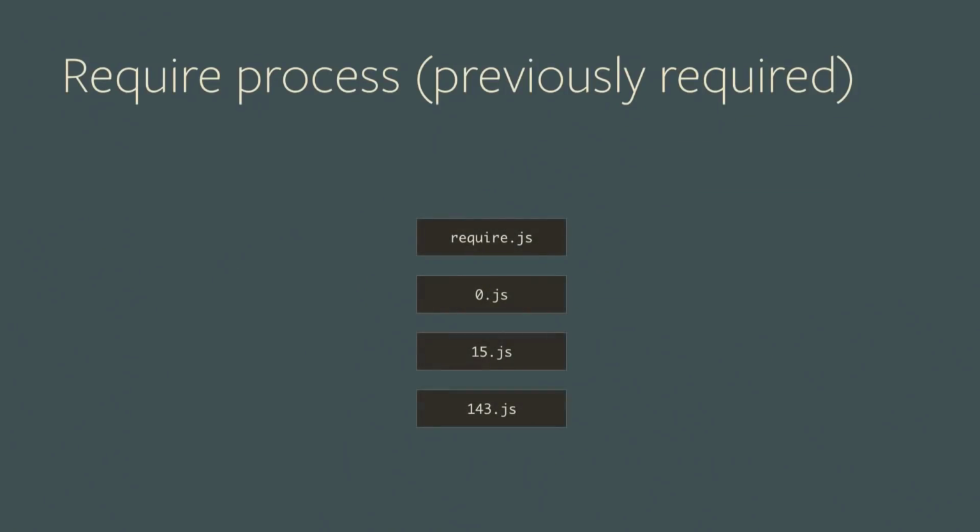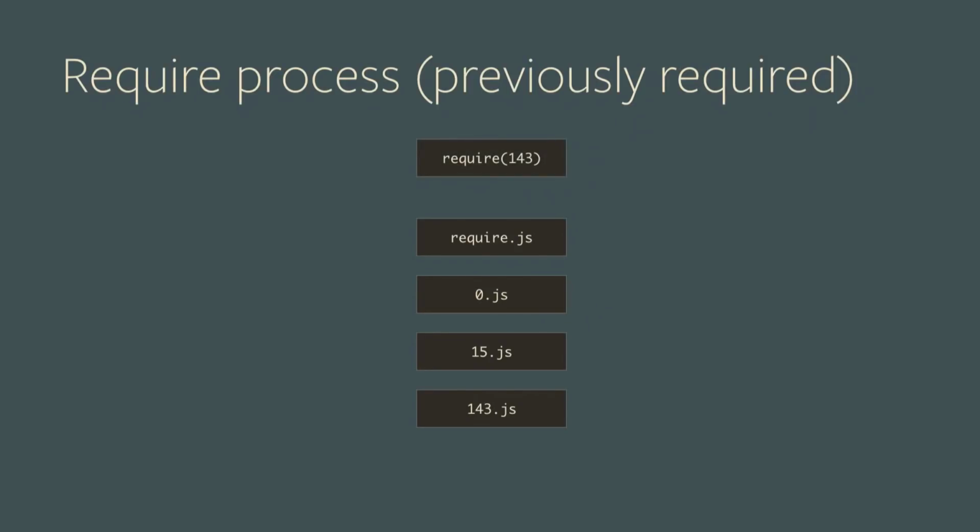This is very specific to React Native as well, and it's a little bit tricky, so I'm going to explain to you first how we require modules that were previously required, and then we'll take a look at how we load a module for the first time. So when the module was previously required, you will have in memory your require implementation and all the modules that were previously loaded.